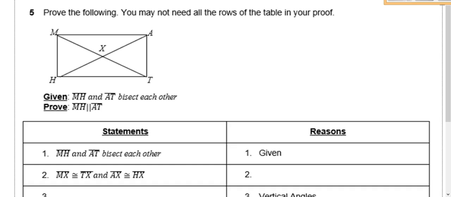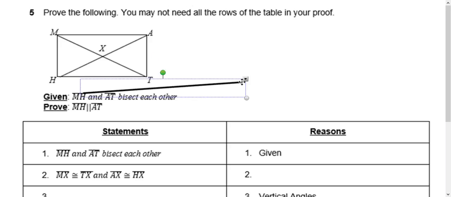So we'll go through this proof. MH and AT, these are supposed to be diagonals, MT and AH bisect each other.